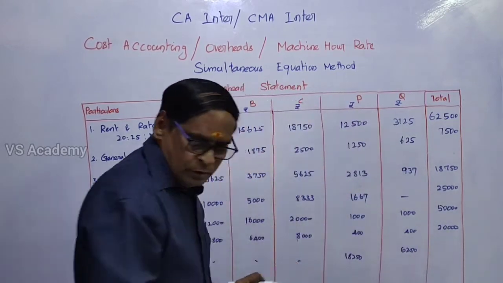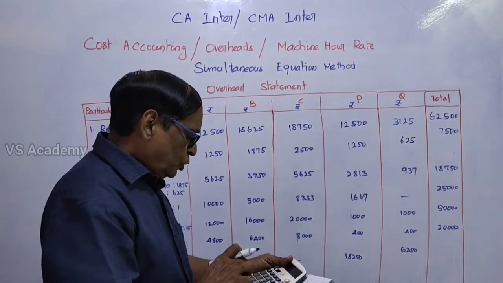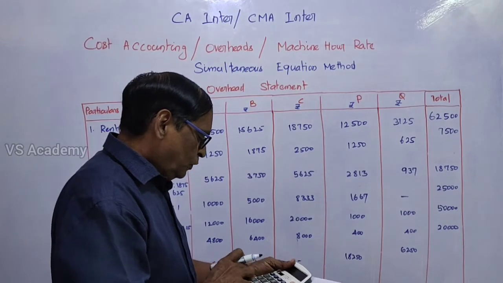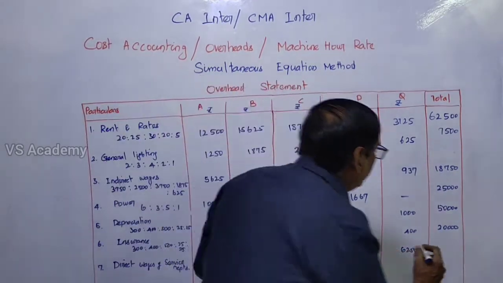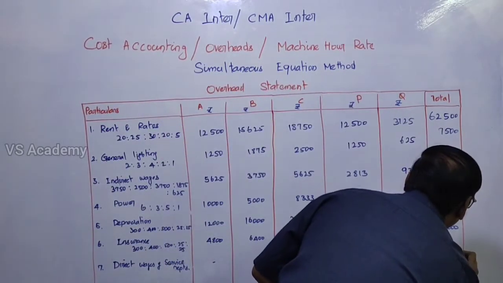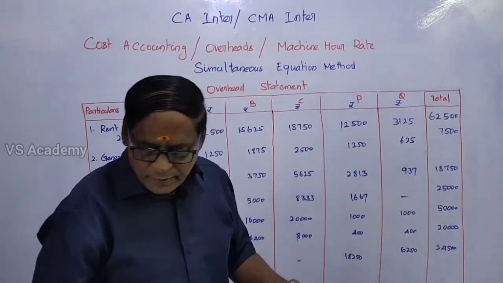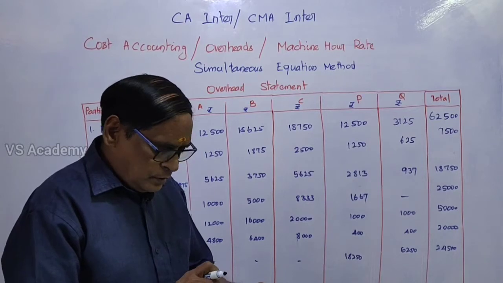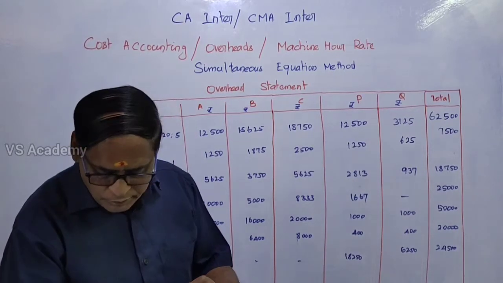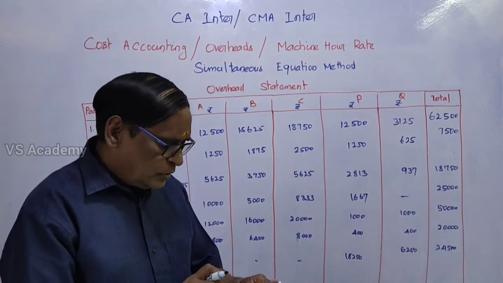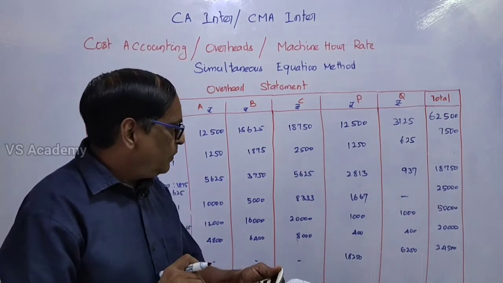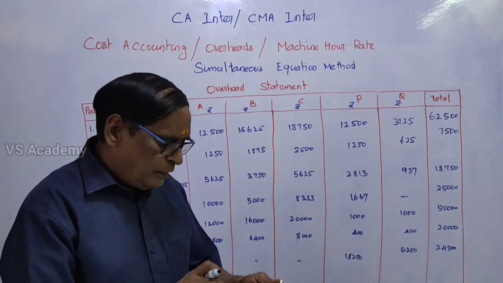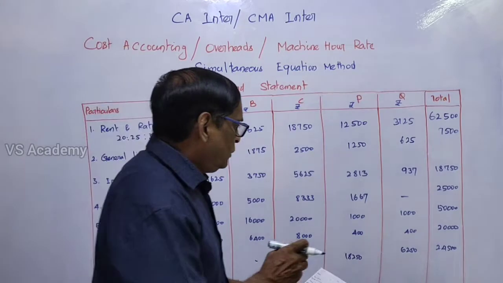The total 18,250 plus 6,250, so 24,500. Sorry, it is 18,750 in the question paper. 18,750 plus 6,250, so 25,000.